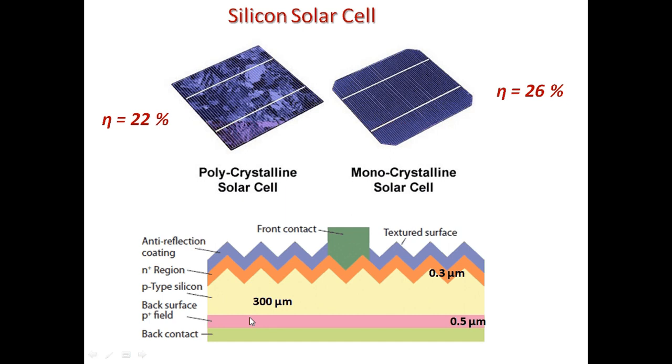So to be very sure, we heavily dope with holes here, so that if there is any extra minority charge carrier, which is an electron in this case, it will first recombine with the holes which have been present there. So whichever photo generated electrons come here, there is no hole for recombination. So we are making extra sure that no recombination takes place in this part or in this part.